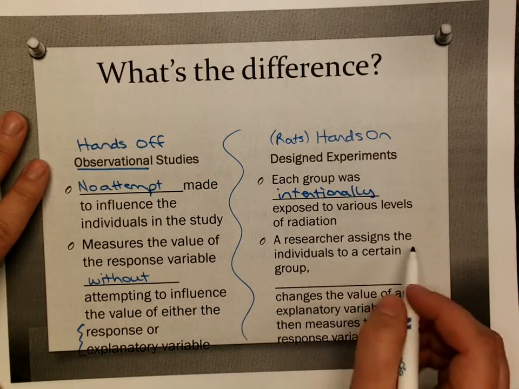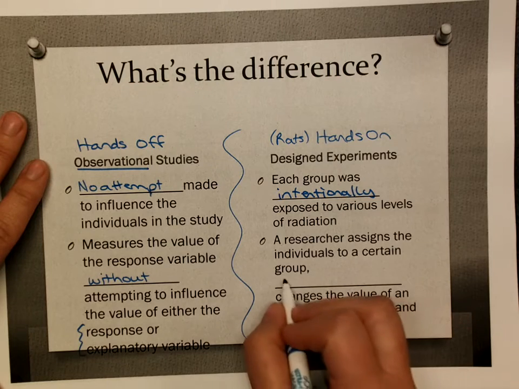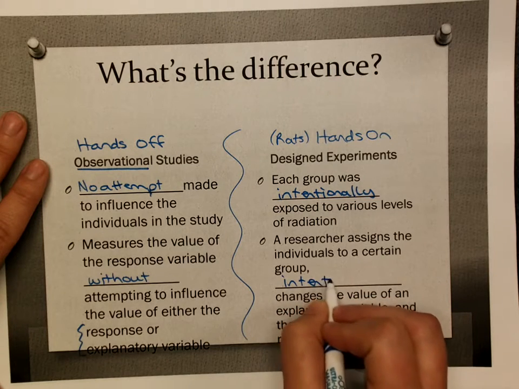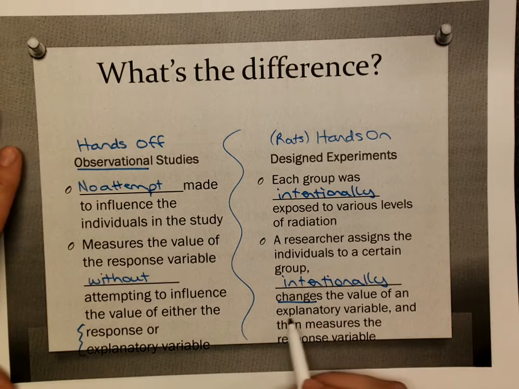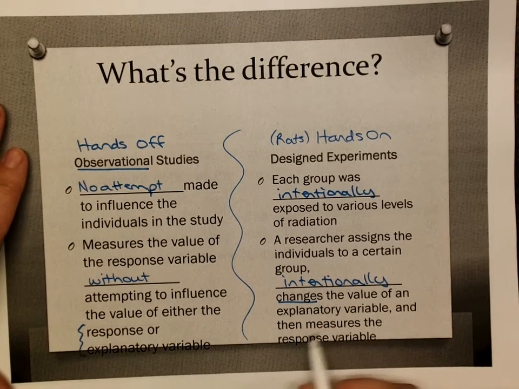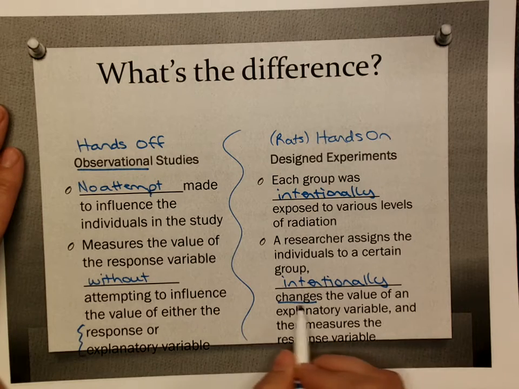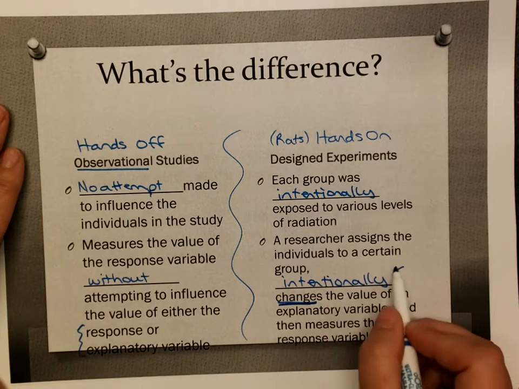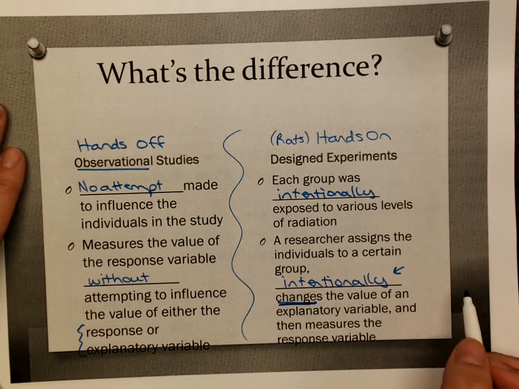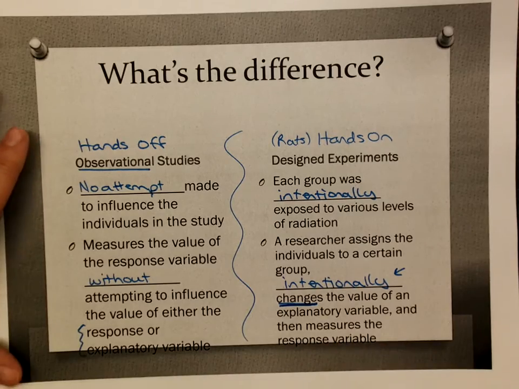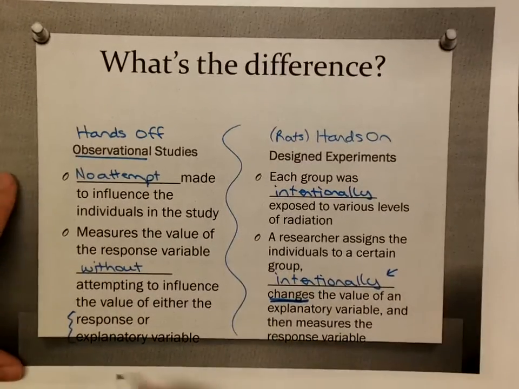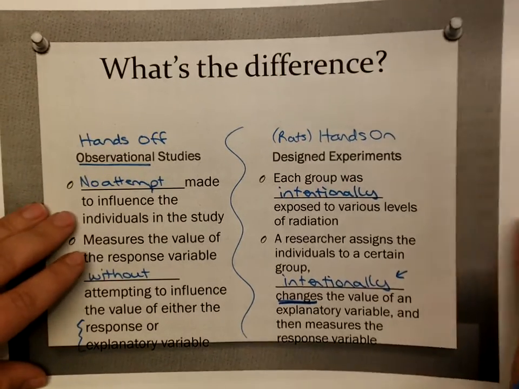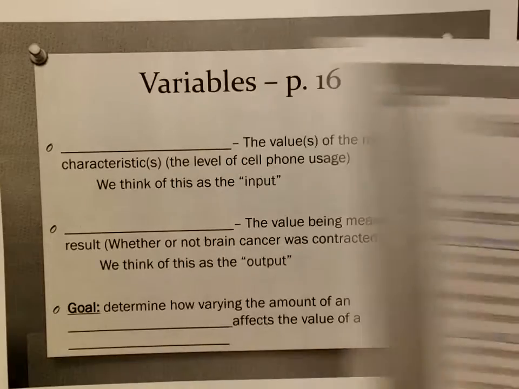And the researcher assigns the individuals to a certain group and then intentionally changes the value of the explanatory variable and then measures the response variable. So he's changing something intentionally. So hands-off versus hands-on. So there's some new words in here, response and explanatory variable, so we'll go ahead and discuss those next.